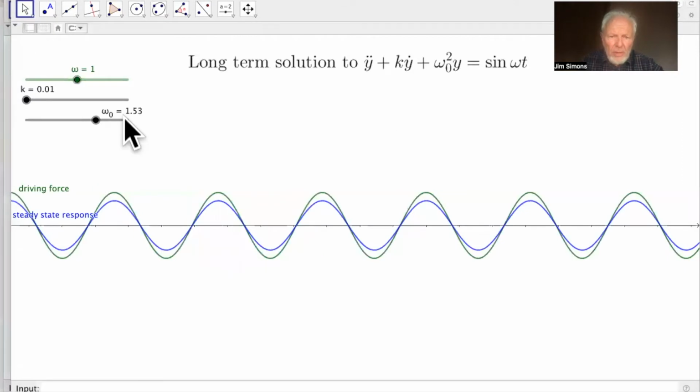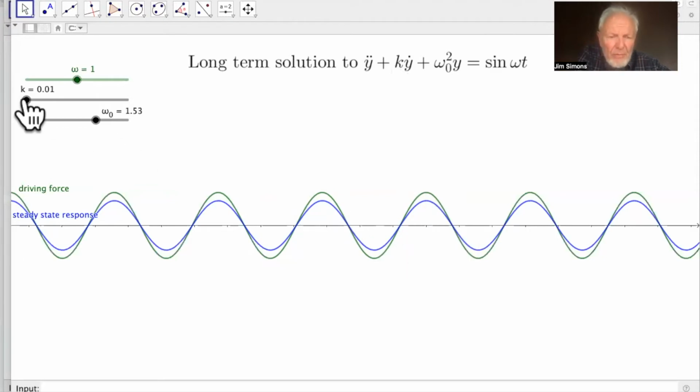So let's go back to the mathematics and remind ourselves how that works. This is what's called the forced oscillation equation. This describes any oscillator that's forced, like a pendulum or like the Earth being squished. So omega naught is the natural frequency of the oscillator, and omega is the frequency with which we're forcing it, and K here is the amount of damping. Green is the driving force and blue is the response of the system.